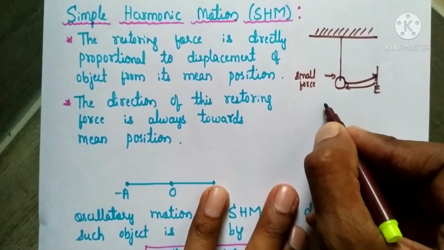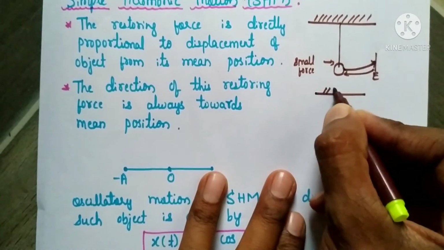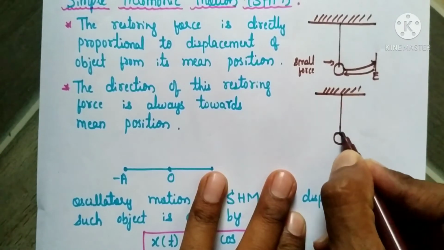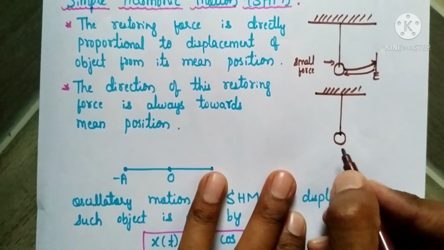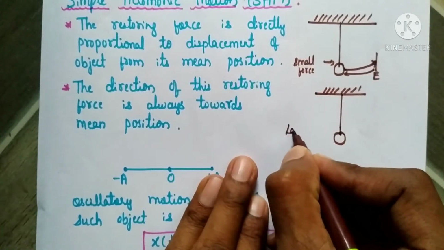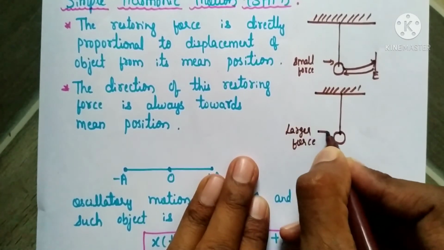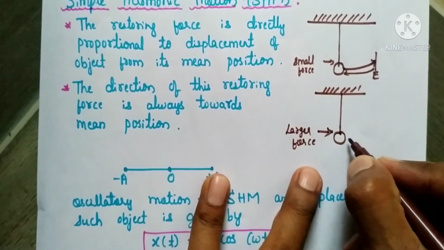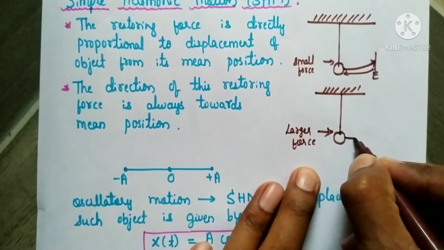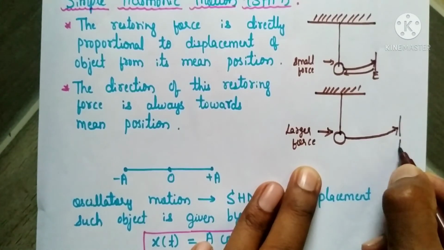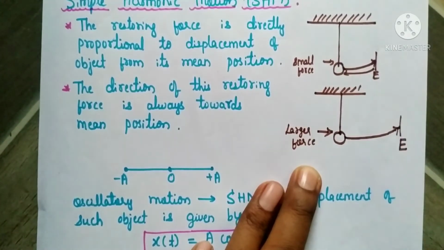Now I will take another case. I will take another simple pendulum. This is a pendulum bob, and initially it is at the mean position. Now I will apply a larger force. If we apply a larger force on this object, then the object covers a larger displacement, so it comes to this extreme position here.